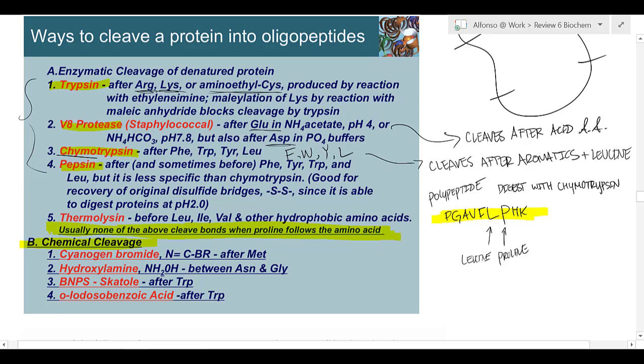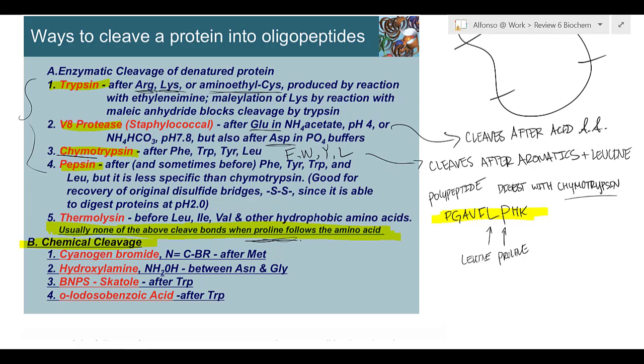After phenylalanine, tryptophan, tyrosine, and leucine. So if you see here, we have a leucine. If you know that chymotrypsin cleaves after leucine, you'll immediately want to cleave it. But there's an exception. If proline follows that amino acid, you cannot cleave. Does that make sense?